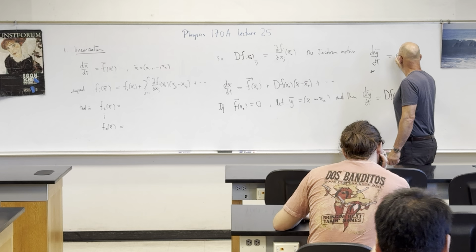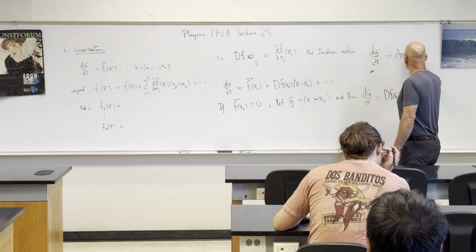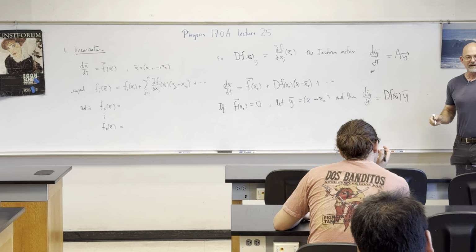And then we have dy dt equals, and rename it, A, df of x0, times y. It's a matrix equation, so we work it up: dy dt equals A times y, right? We've got an n by n matrix.